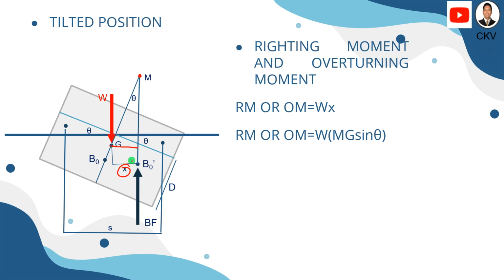To compute this distance x, just take this right triangle here. The distance from point G to point M is MG. With the angle of tilt theta, we take the sine function, and we come up with x equal to MG sine theta.